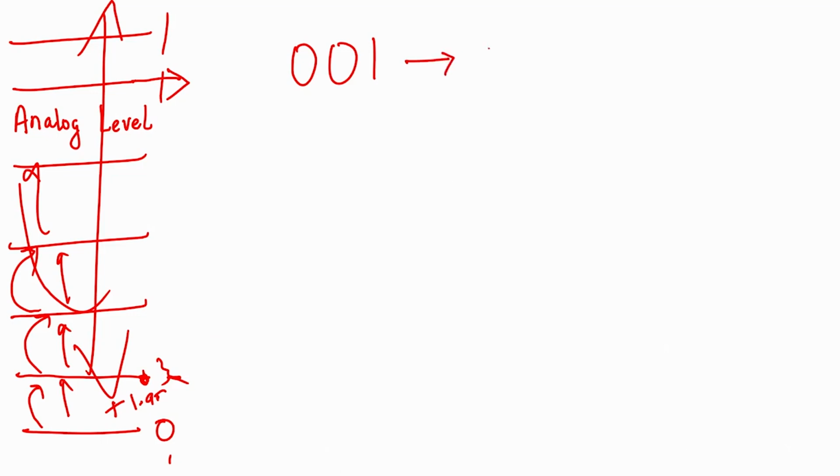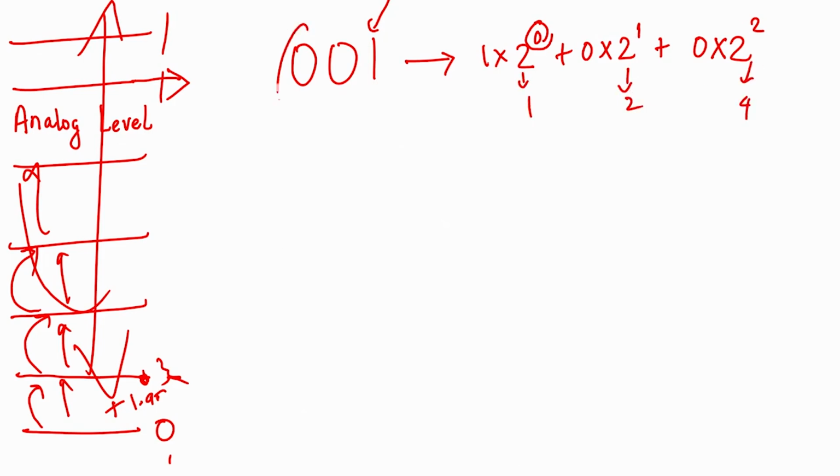Now, we are doing 1 into 2 raised to 0 plus 0 into 2 raised to 1 plus 0 into 2 raised to 2, correct. So, look at the weight of each of these bits, weight of this bit, 2 raised to 0, was 1, this is 2, this is 4. So, it has a weight of 4 and the next one is the binary value, which is either 0 or 1.